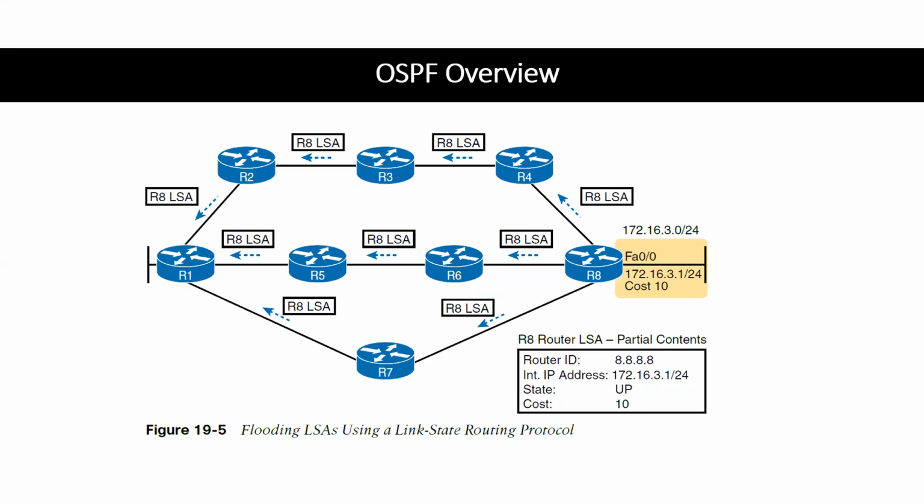Here's my link state information. Here's my cost. Here's my router ID. Here's the initial IP address that was used to be a part of OSPF. It's going to share a lot of things, including state. This is a visual representation of how LSAs are flooded from an OSPF router.